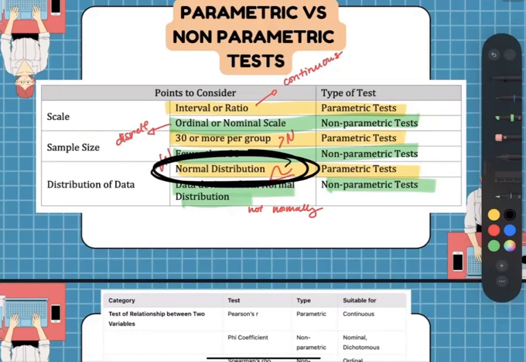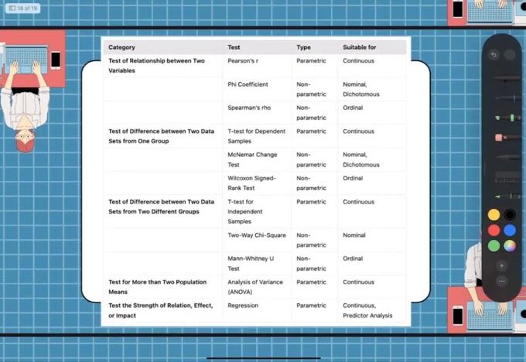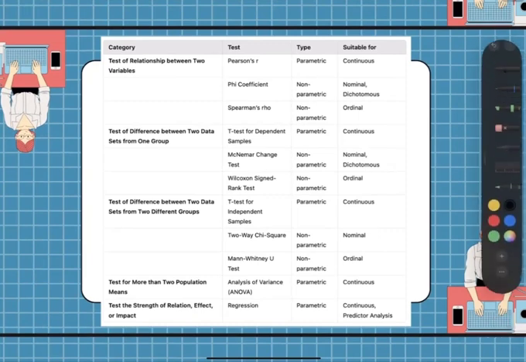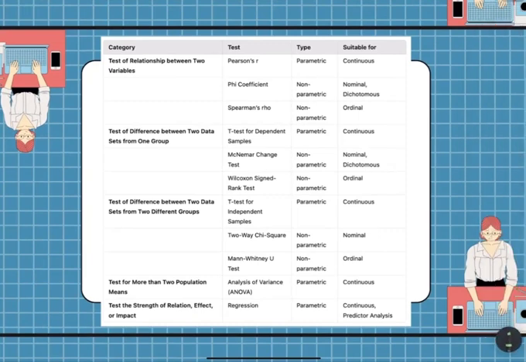Okay. So that's actually the premise of your parametric and your non-parametric tests. You use a certain test depending on the nature of your data. So, like on this table, let's take a look. Your parametric tests are Pearson R. I'll put the green only for parametric.